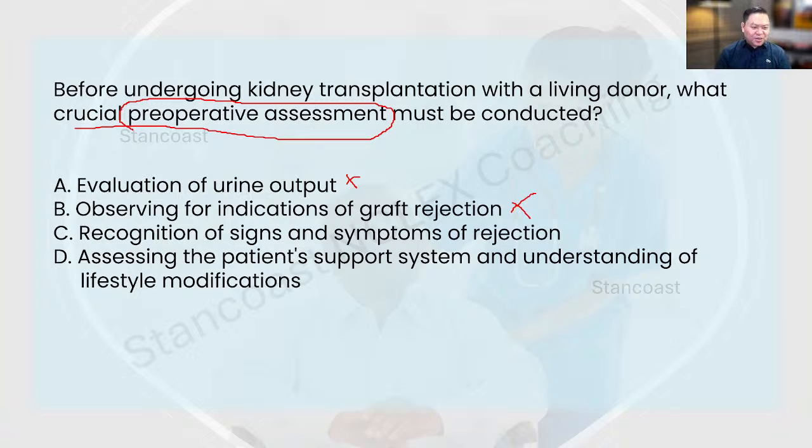And letter D, what do we have here? Assessing the patient support system and understanding of lifestyle modification. Seems like a correct answer. And so what is the rationale here?